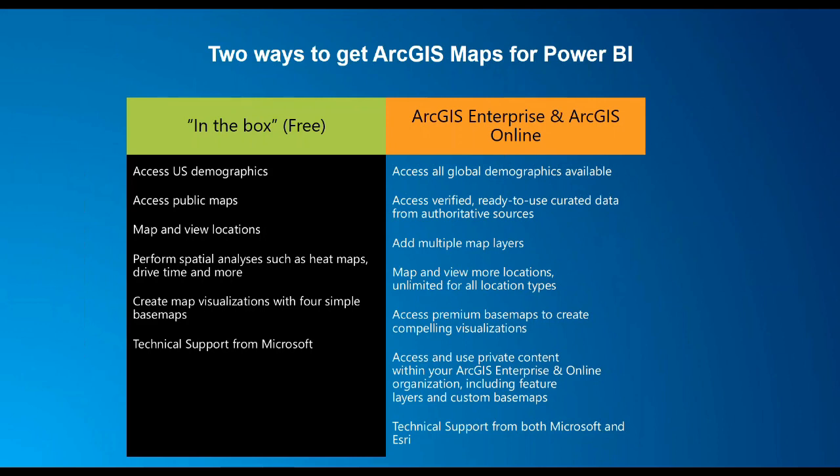You can see content that your organization has, so you're able to view the private content within your organization. And you're able to get technical support from both Microsoft and Esri. So now you have the ability to contact either, depending on whether it's a spatial issue or an issue with Power BI itself. So I'm going to hand it back to Art, who's going to show a little bit about how the new version of Power BI is going to look.